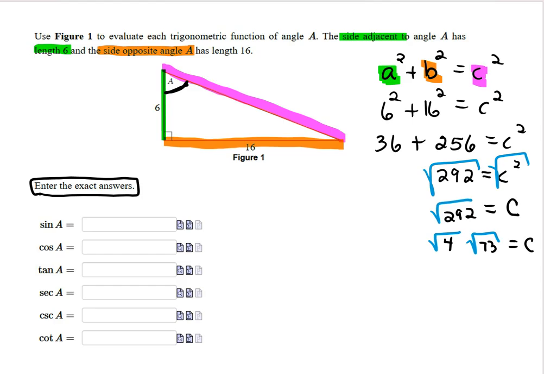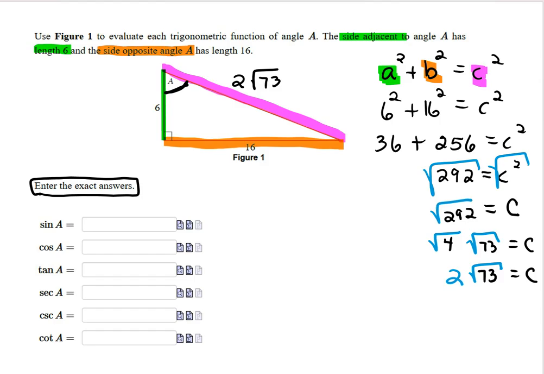The square root of 4 is a 2. I cannot simplify the square root of 73, so that just stays there. And so the hypotenuse is 2 times the square root of 73.